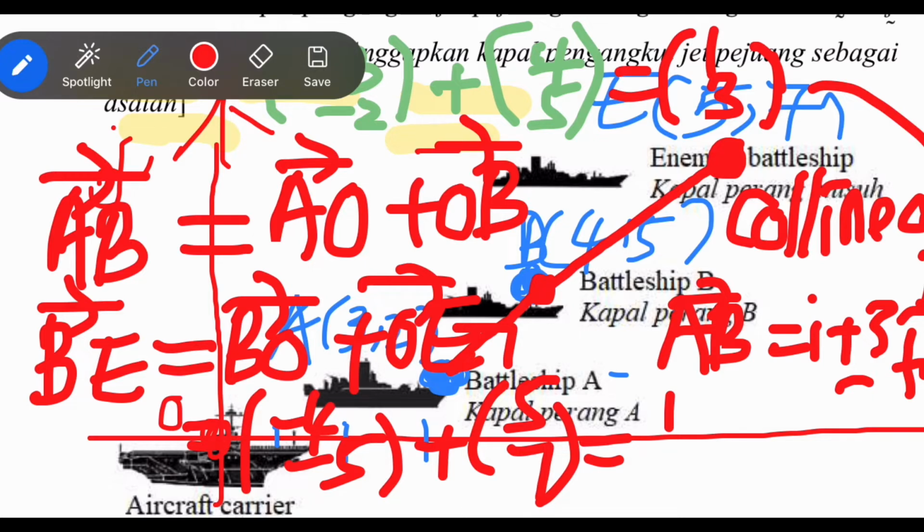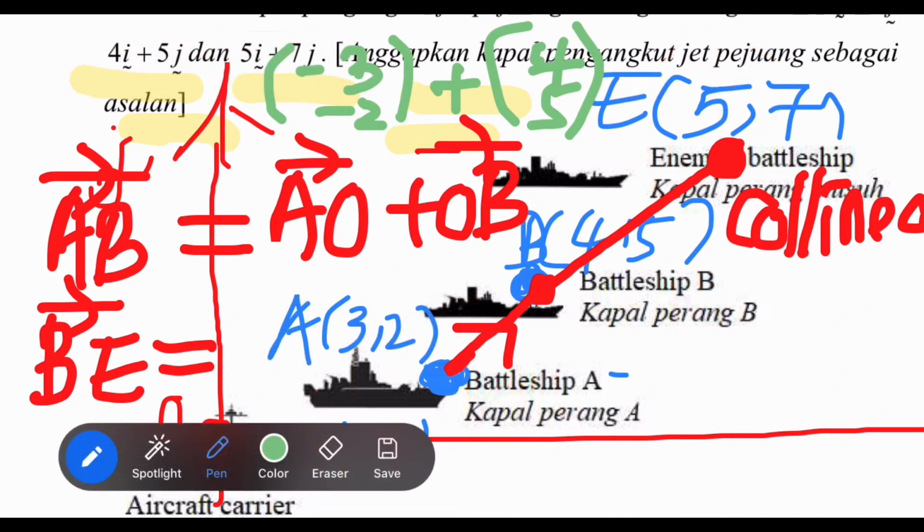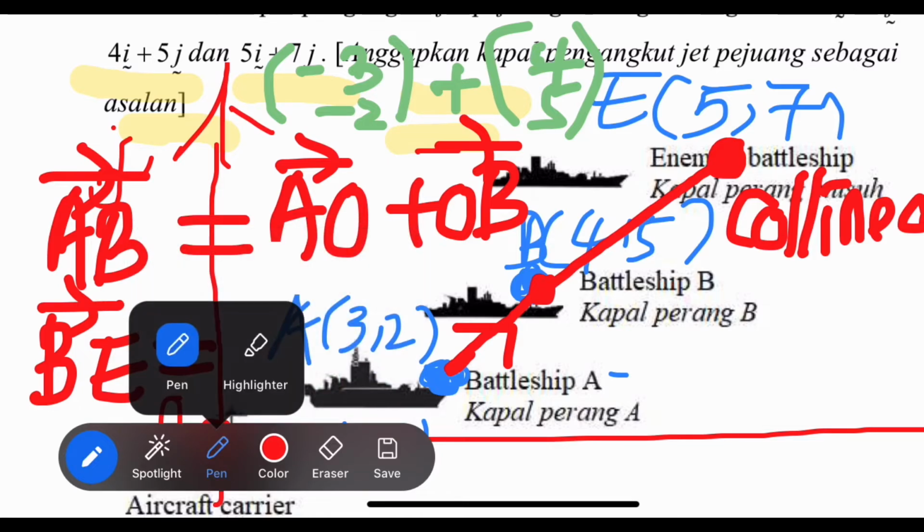Alright, now I'm going to show you how to find the vector AB. Okay, let's start now. You can write i plus 3j. For vector AB, because I have used a vector column to solve just now, you see my AO is negative 3, negative 2, right? Plus 4, 5, so I got 1, 3.